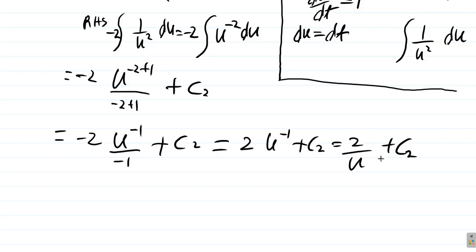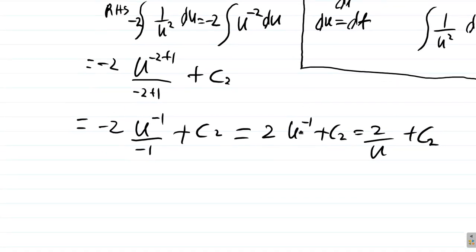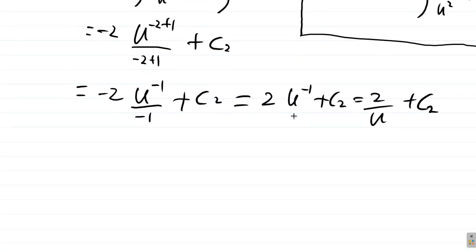So you see what's going on there. But what was u again? U was 1 plus t. So this is 2 over 1 plus t plus c2.